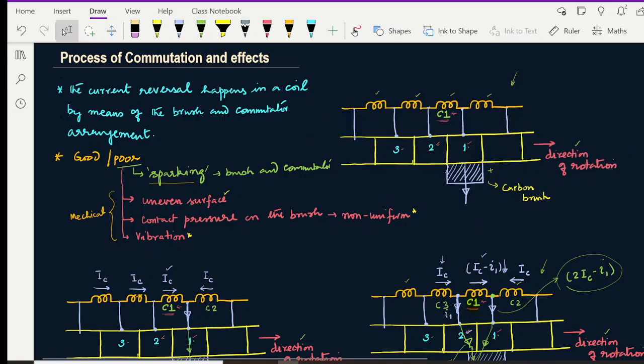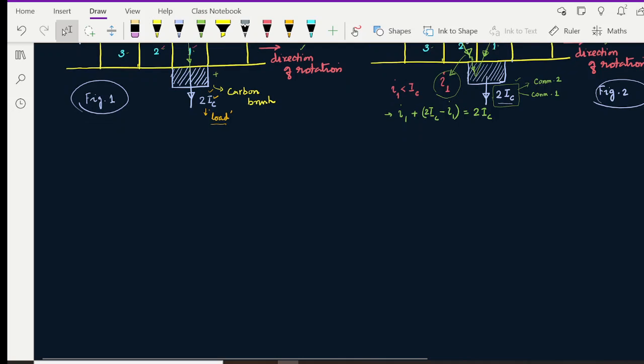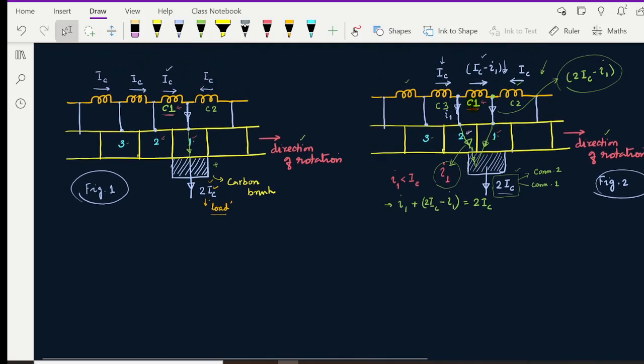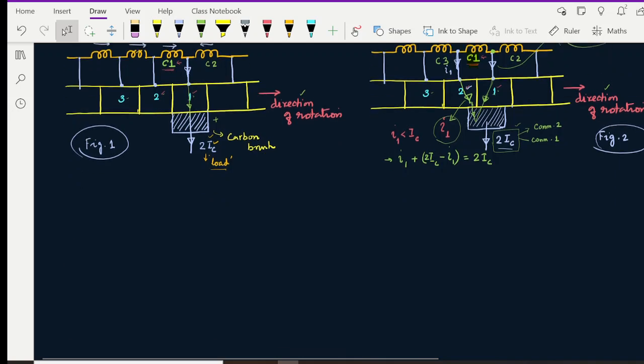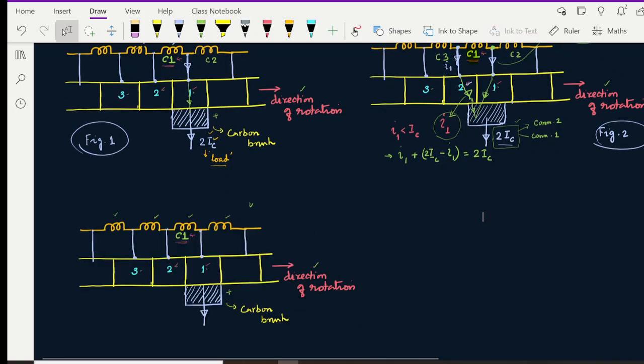The third snapshot is going to be with a slight shift in the commutator segment with respect to the brush. Now we are going to assume that 50% of the brush width is occupying commutator segment 2 and 50% is occupying commutator segment 1.